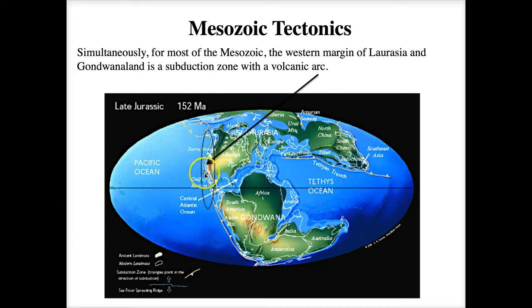That's going to create a volcanic arc. And at first, it's an island arc. So what we're going to see is an arc of volcanoes, and that's all part of these accreting terrains that are going to attach themselves on and form Alaska and parts of California.